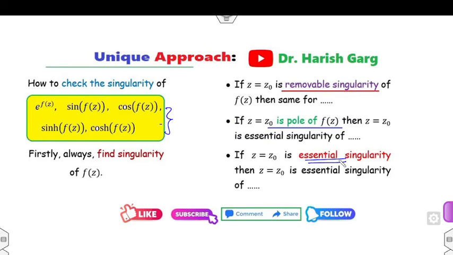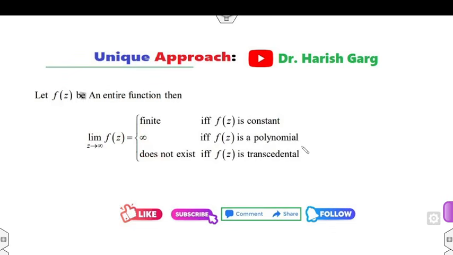Similarly, if it is an essential singularity, then again it is an essential singularity. Make sure you remember this. If it is a pole of f(z), then sine, cosine, hyperbolic, exponential has an essential singularity.